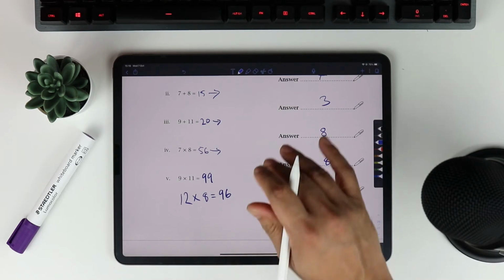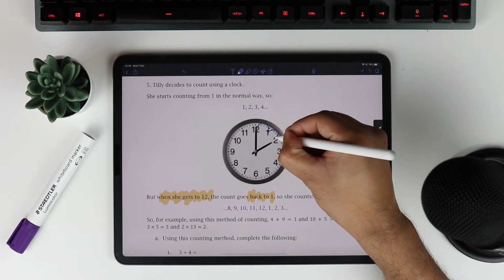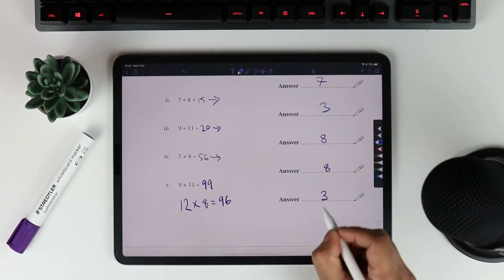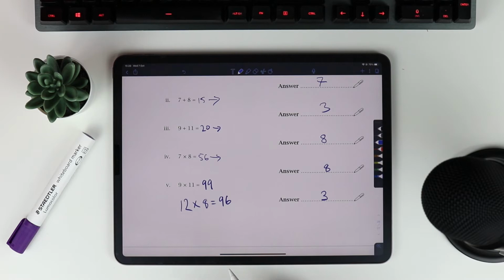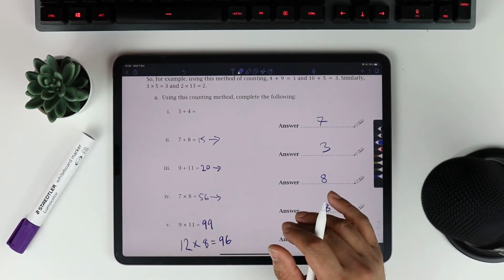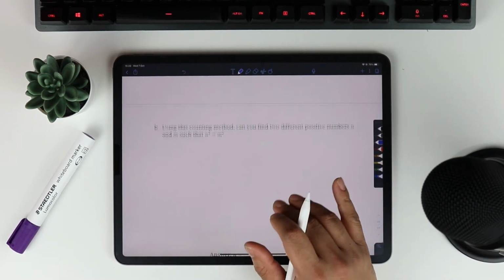So 96 would get us back here again. 96, 97, 98, 99 would be 3. So we get back to 3. So that's one way we can go through this. There are other ways as well, but that's one way we can think about this in quite a simple method.